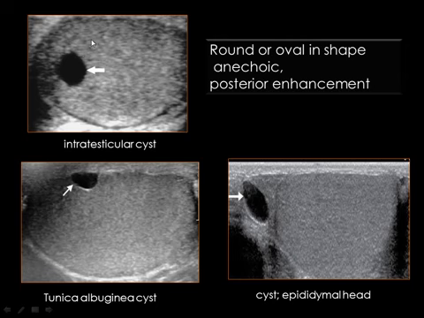On ultrasound, it appears like any other cyst in the body, round or oval in shape, anechoic with posterior enhancement. This is a cyst located within the dense tissue of the closely adherent tunica albuginea. These cysts are usually palpated by the patient as a thin nodule on the surface of the testis, and this is a cyst at the head of the epididymis.